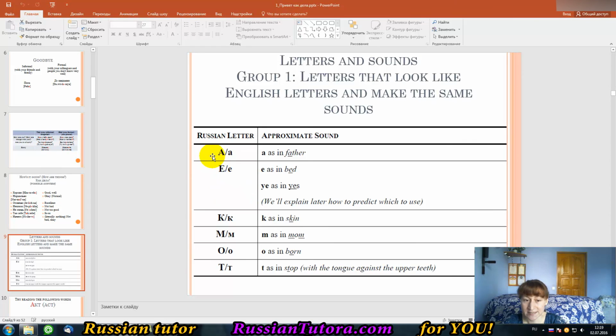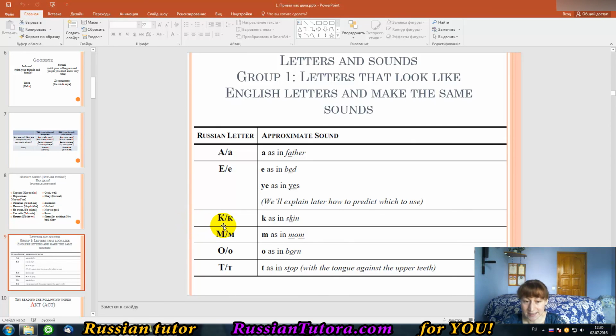The first letter is A. The sound it makes is A, as in father. The next letter is Y. It can make 2 sounds: E, when it's in the middle of the word, and Y, when it's at the beginning of the word.